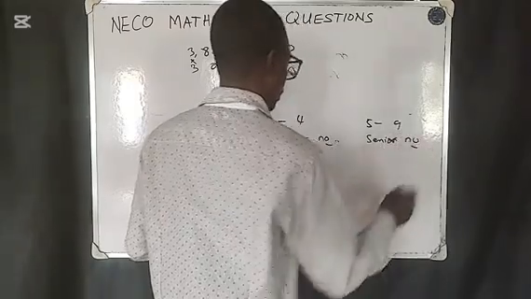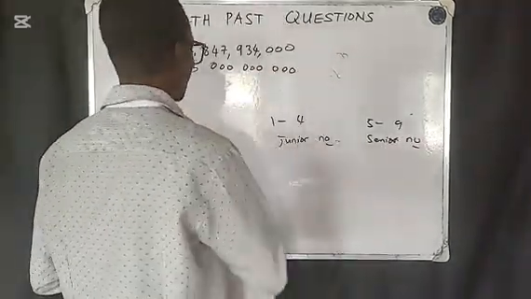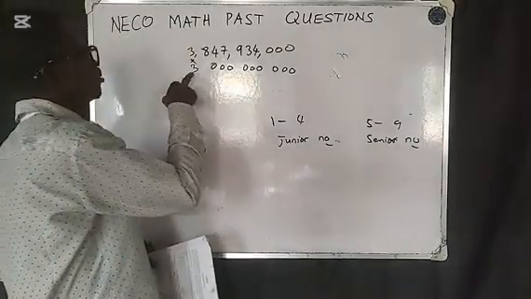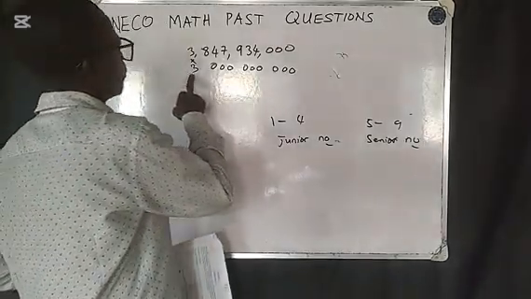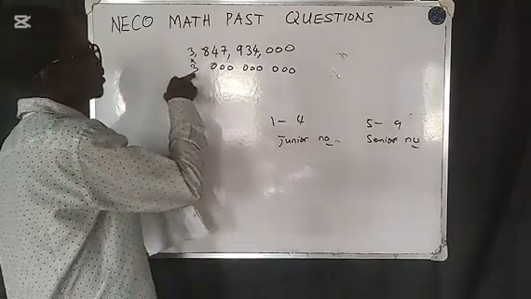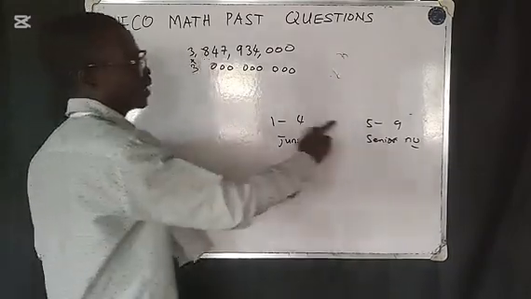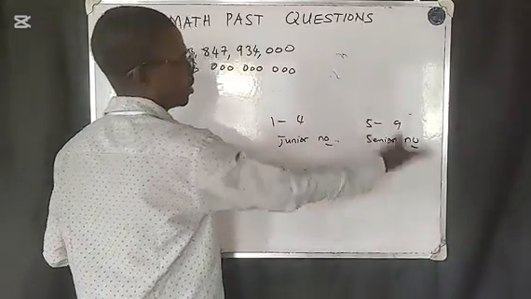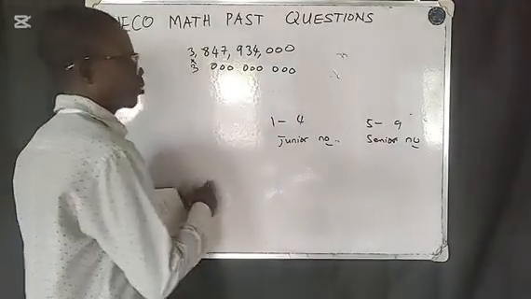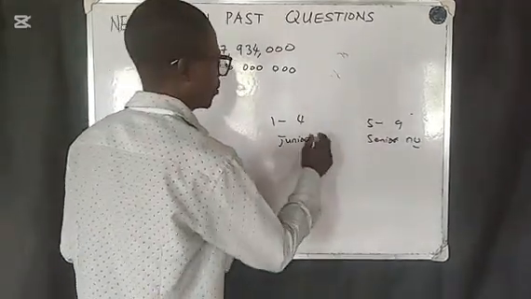So when you want to round up to the nearest billion, just after the 3 billion, the digit next to it is 8. And 8 is among the senior digits.